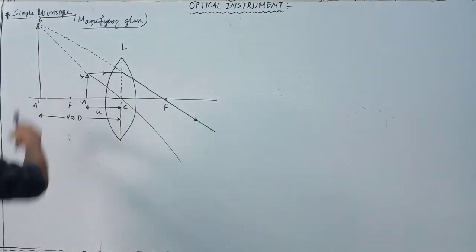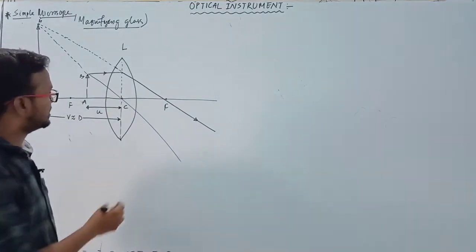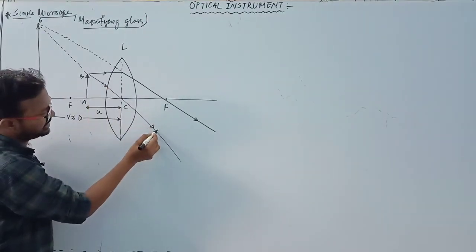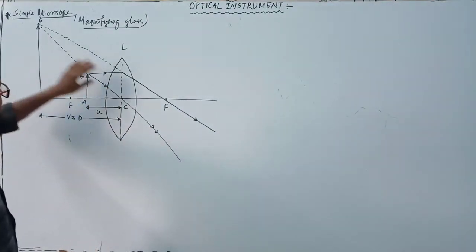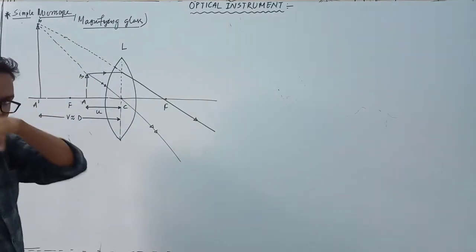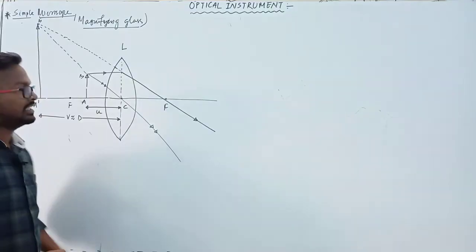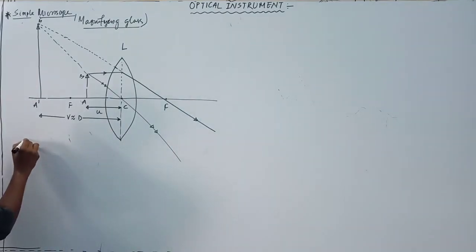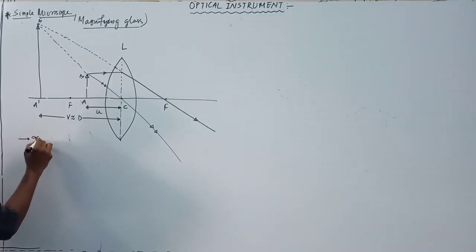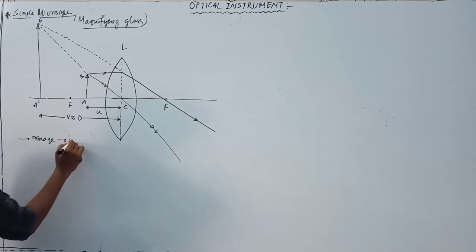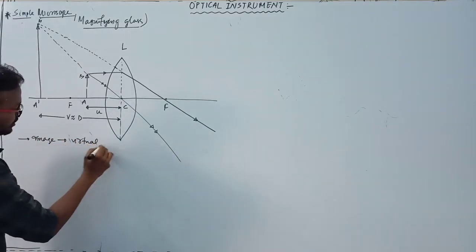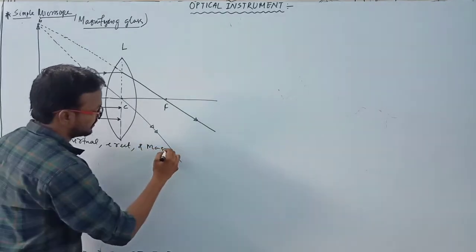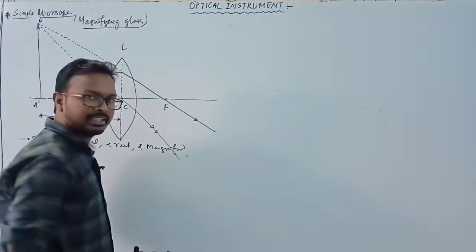And this is the second ray traveling in this direction, and these two rays appear to meet at the back side of the object. So we get a final image. The nature of the image here is virtual, erect and magnified. Clear?